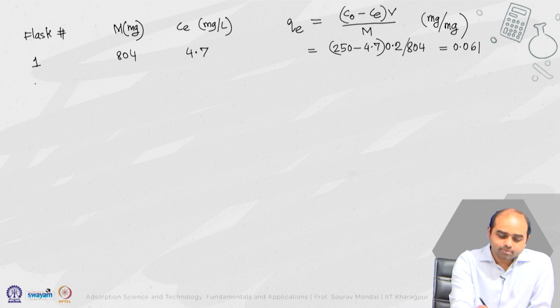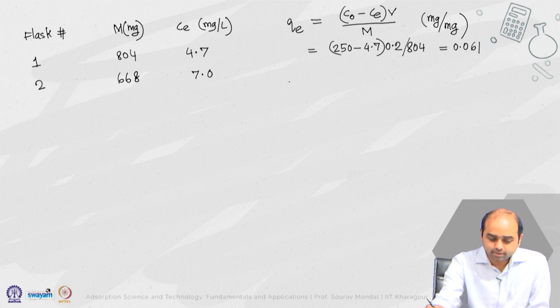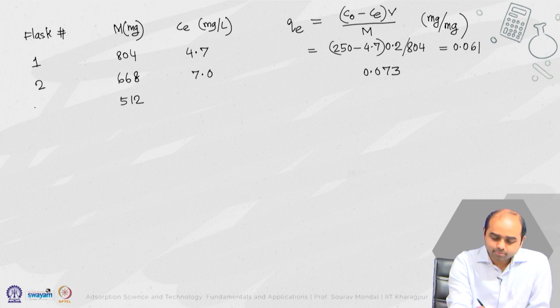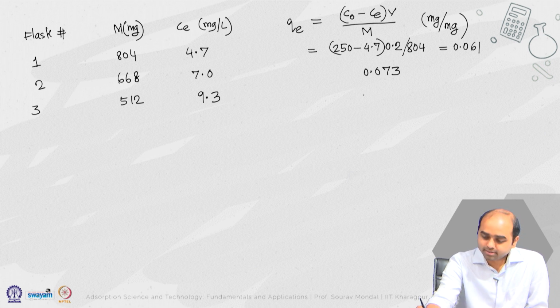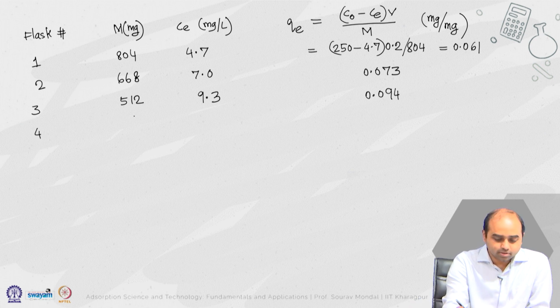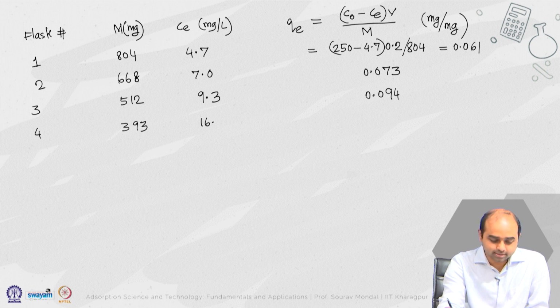This is 0.061. Similarly, for the second case, we can work out all these numbers, and as you see, as the amount of adsorbent is decreasing, the amount uptaken is increasing, the Qe values are increasing, because the system is getting pushed more and more towards its maximum limiting capacity, as the concentration of Alachlor is fixed in all the cases.